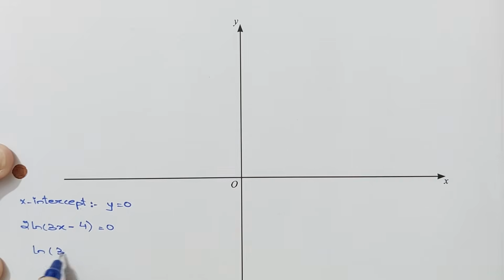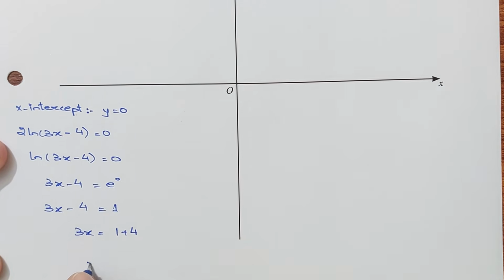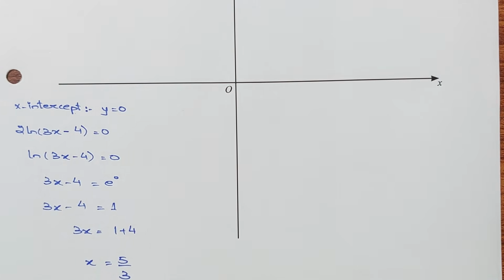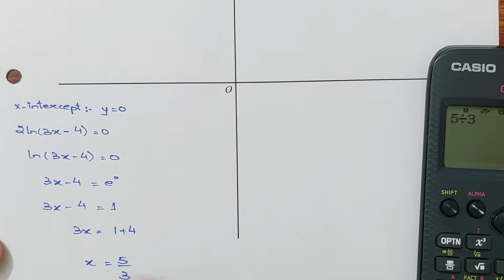Ln of 3x minus 4 equals 0, or 3x minus 4 equals e power 0, which is 1. So we can say 3x minus 4 equals 1. So 3x equals 1 plus 4, this is 5, and x equals 5 by 3. Right, what is 5 by 3? 1.67.